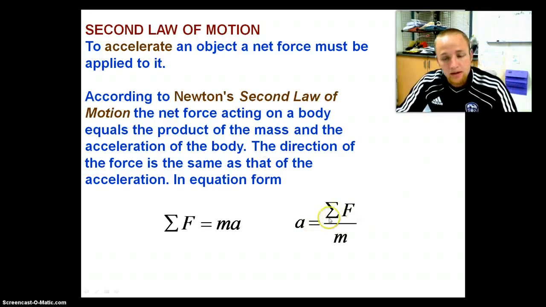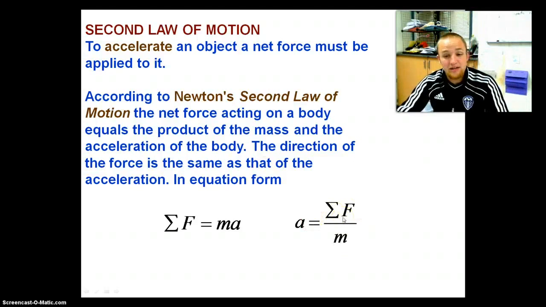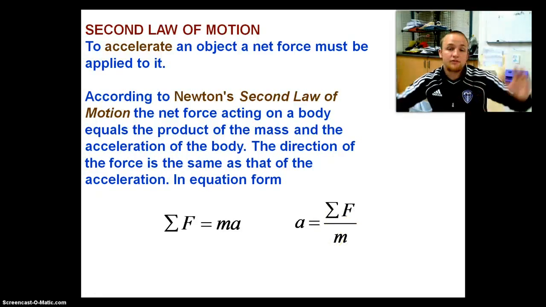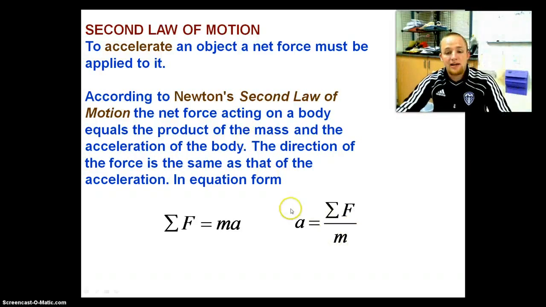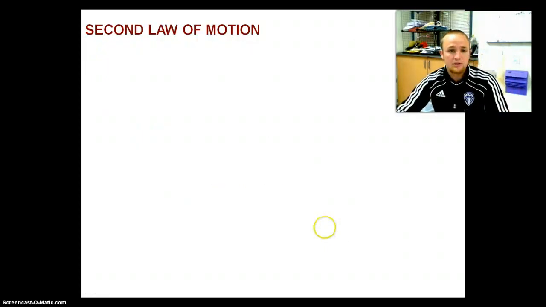But conversely, if I have a 1 Newton force and a 100 kilogram object, so a very small force and a very large object, then I'm going to have an acceleration of 1 divided by 100 meters per second squared. It's a very small number. And that just makes sense, right? The bigger the object is, the greater the force we need to get it to accelerate, to change its motion.